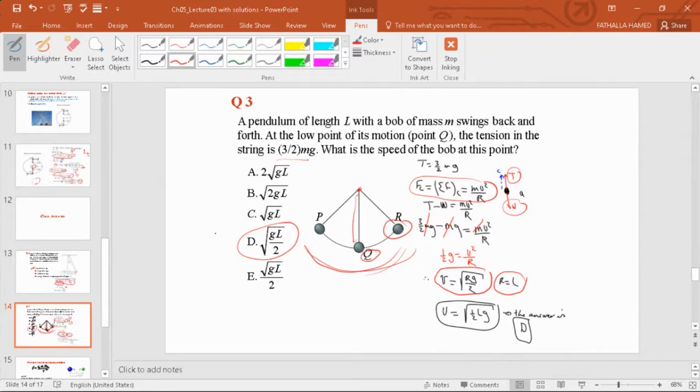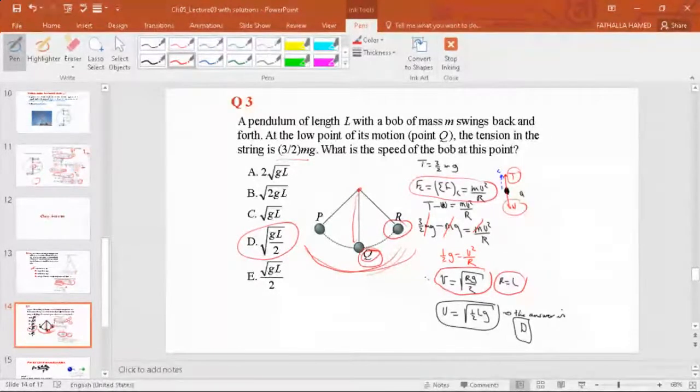So what we dealt with is basically uniform circular motion here. Now in this case here, we only picked the point Q, but the speeds here will be varying. But we'll deal with that case when we deal with energy, potential and kinetic energy and so on.